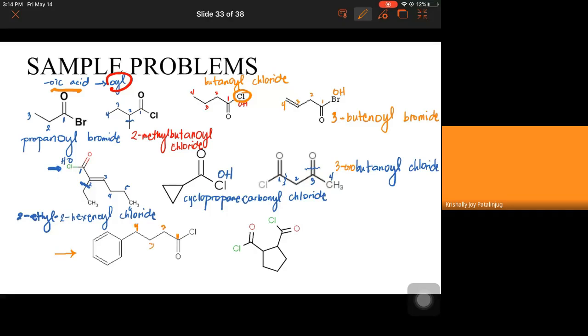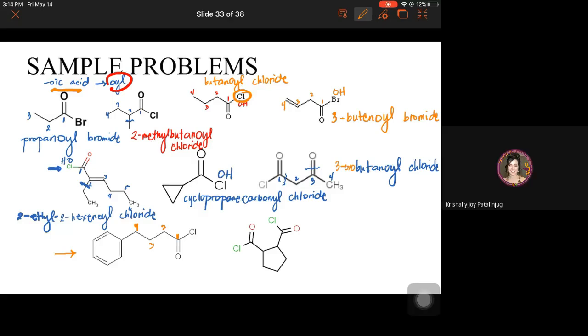Nasa carbon 4 ang ring. Dapat, di ba, supposedly, directly attach ang carbonyl carbon ng functional group towards the ring to make it cyclic. So this is still an open chain. Okay? So ending in oic acid pa rin. 4 containing carbon, butanoic acid yung corresponding carboxylic acid. Ending in oic acid change to oyl, butanoyl.